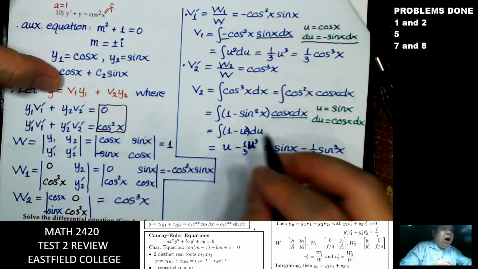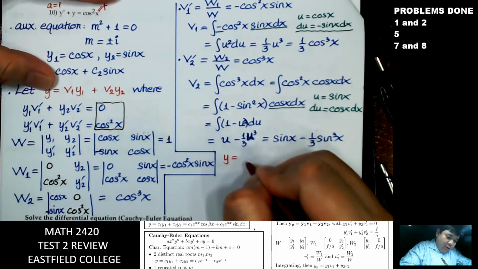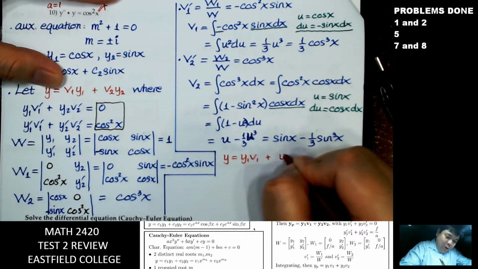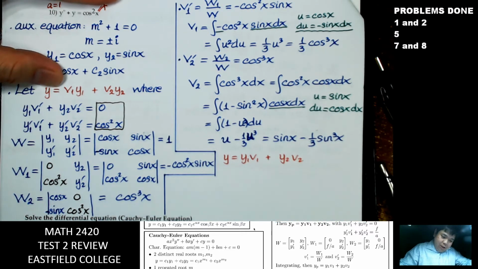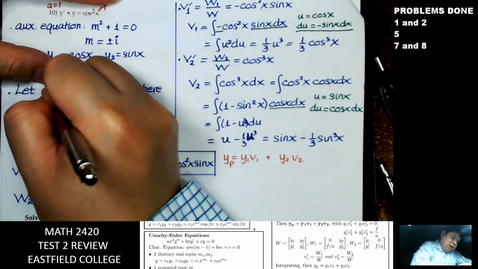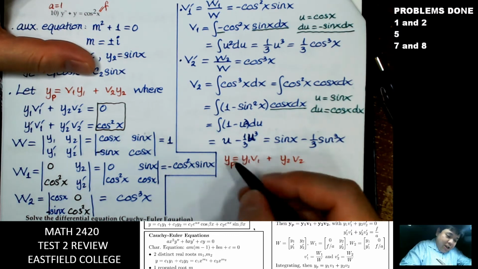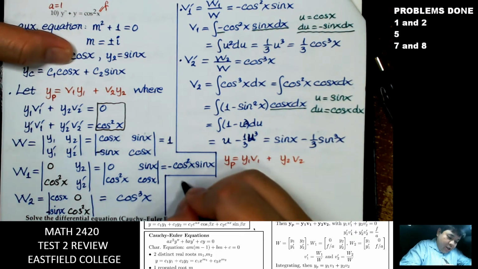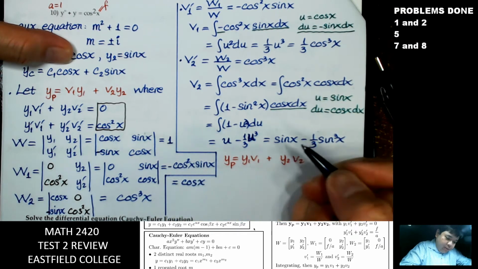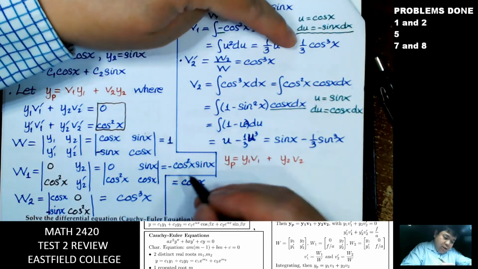Next, we go from the original problem. Y equal y1 v1 plus y2 v2. That is the particular solution. Sorry. That is just the particular solution. Right. Y1, that is a cosine of x. V1 is this.